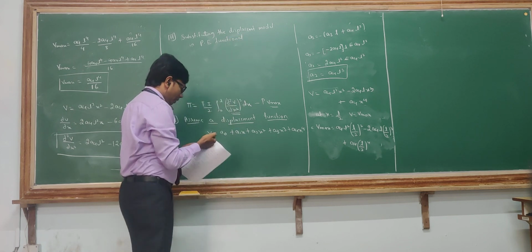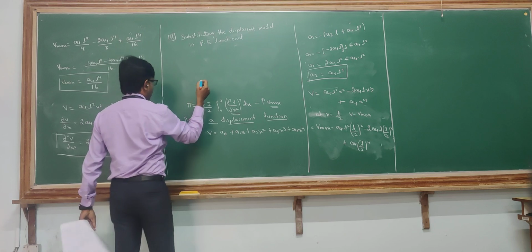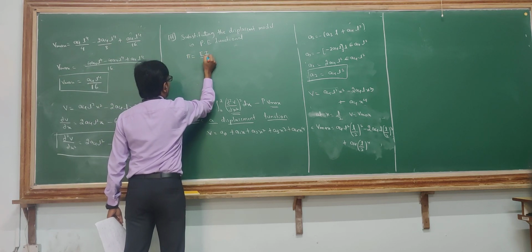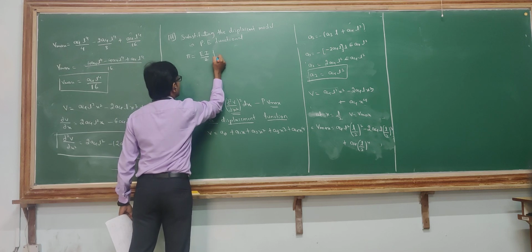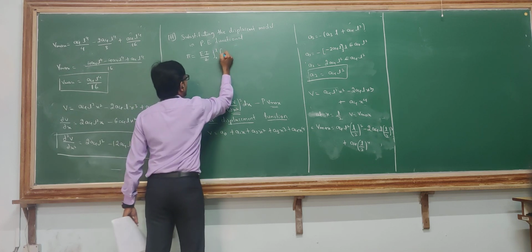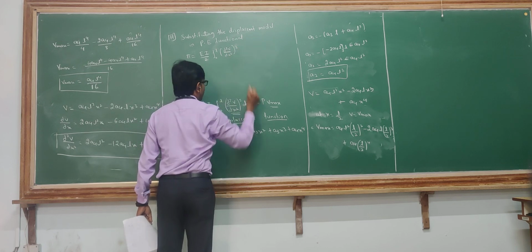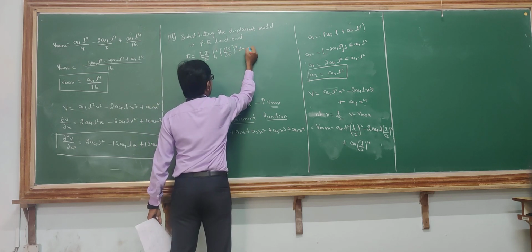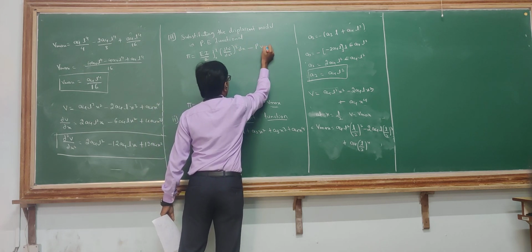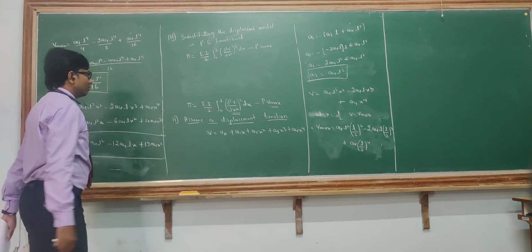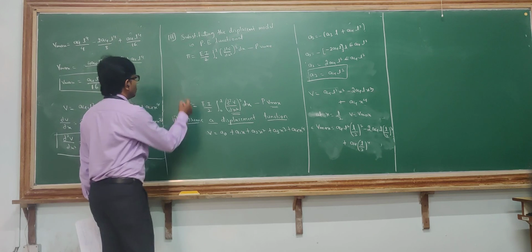Okay, so what is the equation here? Pi is equal to EI by 2 integration 0 to L of dou square V by dou x square, the whole square, into dx, minus P into V max. So now we will be substituting the values.